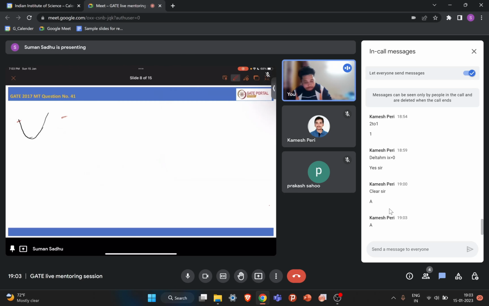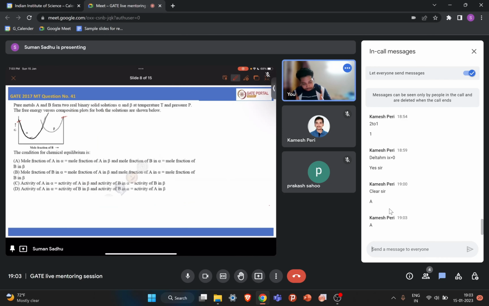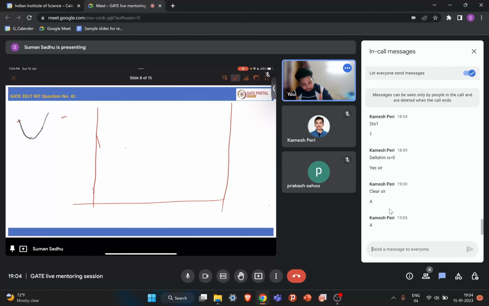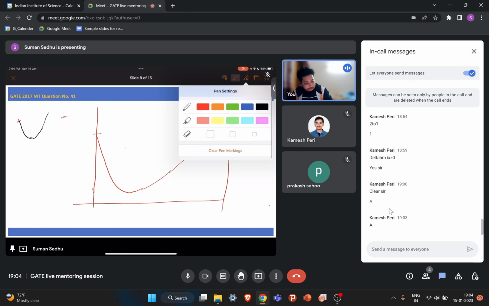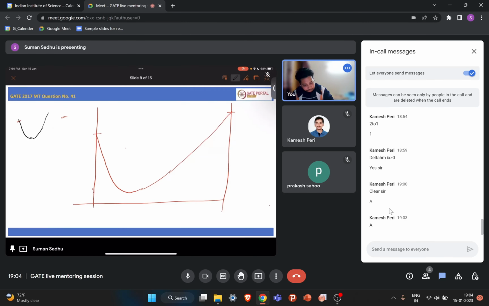Let us draw the diagram here. One second. So this is for alpha. Alpha also cuts somewhere on this side, and this is, let's say, for beta. This is for beta. This is for alpha.